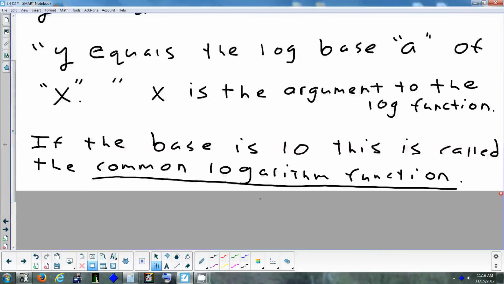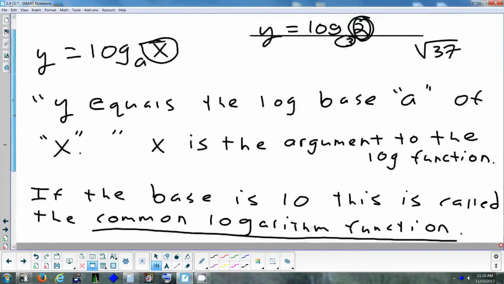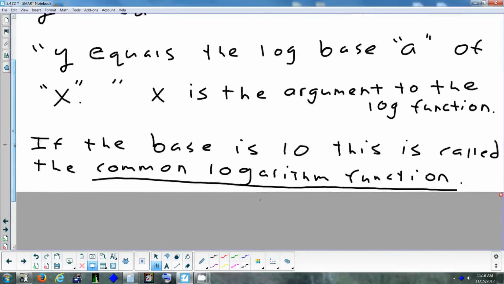So if the base is a 10, the problem I made up had a base 3, that's different. But if the base is a 10, that's called a common log. Base 10 is one of the 2 bases the calculator can do for you by pressing one button.